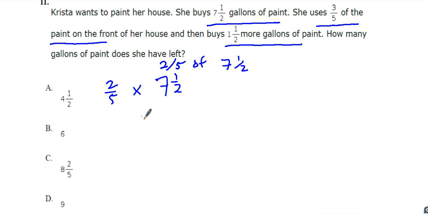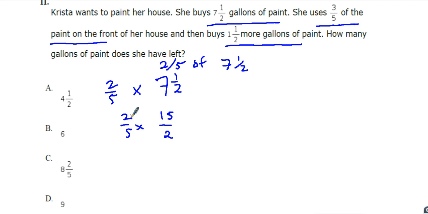And so that's now going to require me to rewrite 7.5 as an improper fraction. So 2/5 times 7 times 2 is 14, 14 plus 1 is 15 over 2.